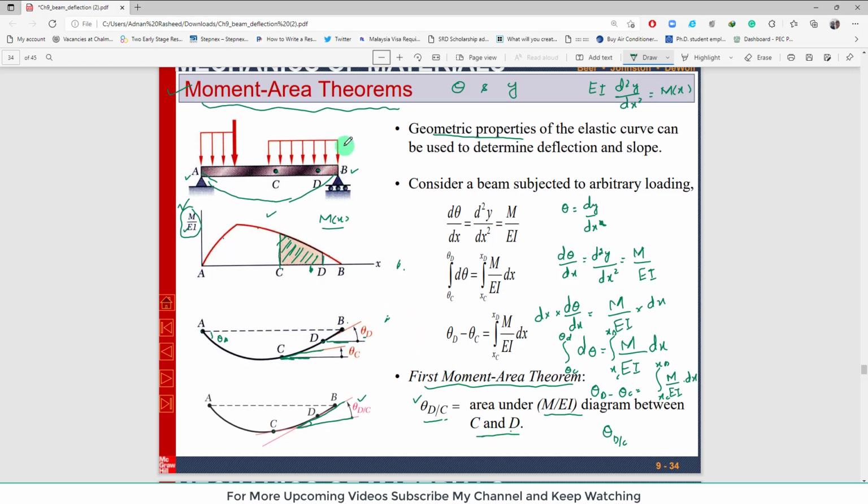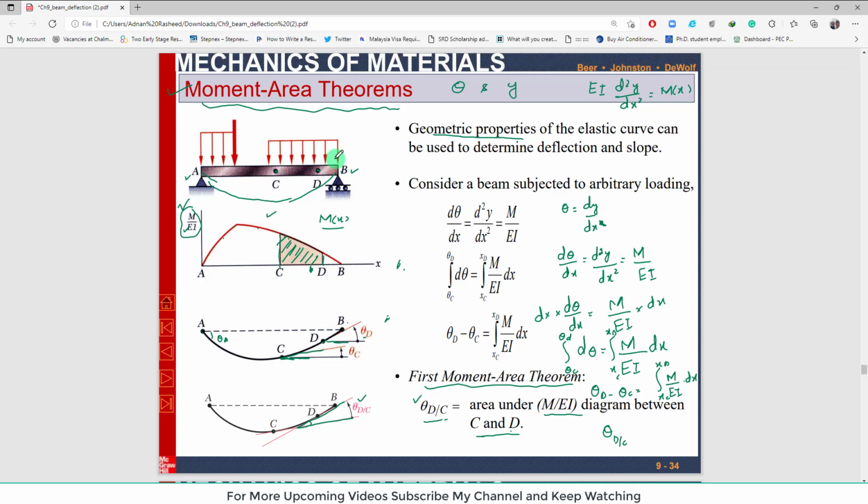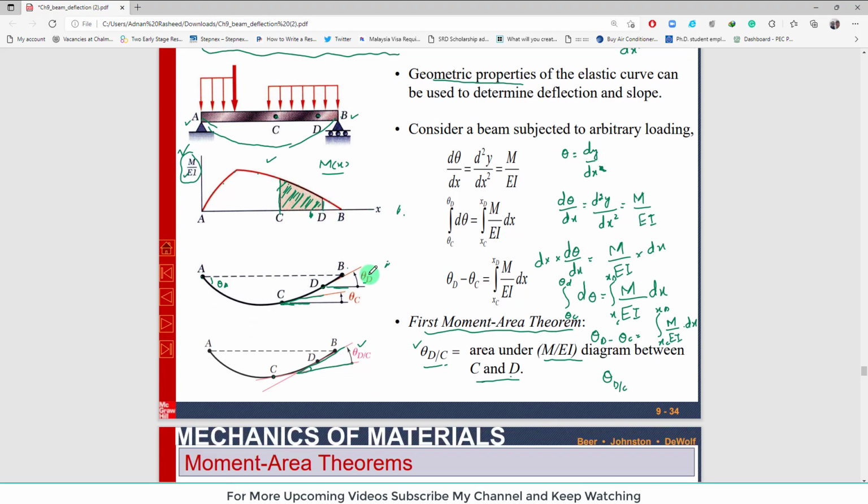We will also solve a sample problem on the moment area theorem, and then you will be able to find out how to calculate the area under the M over EI diagram between these two points. So we will see in a while.